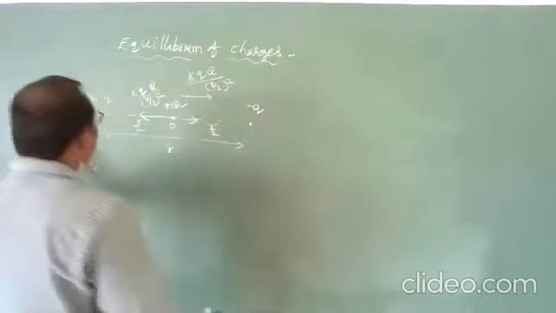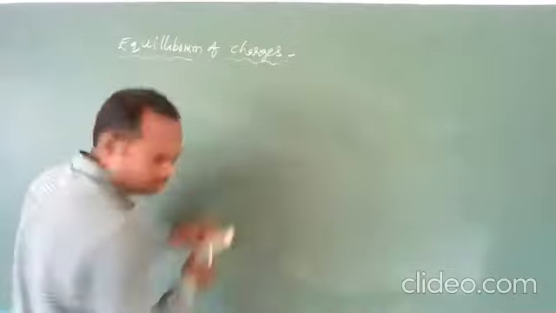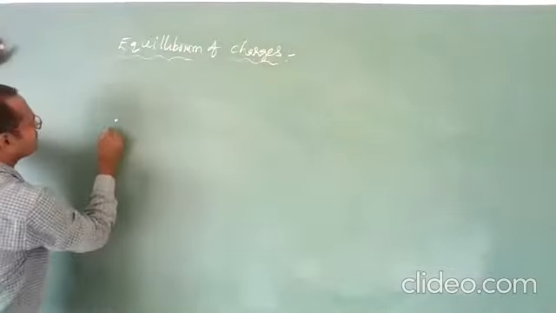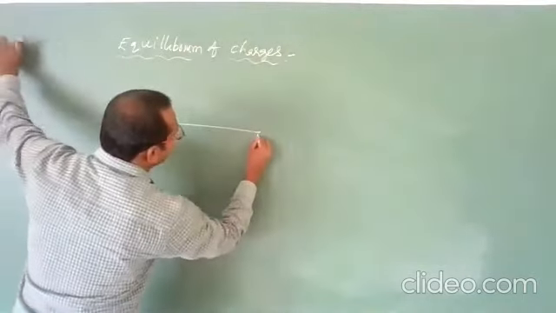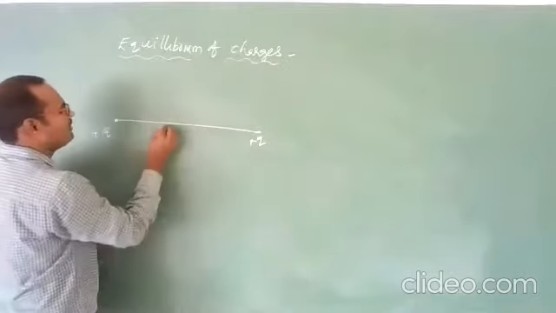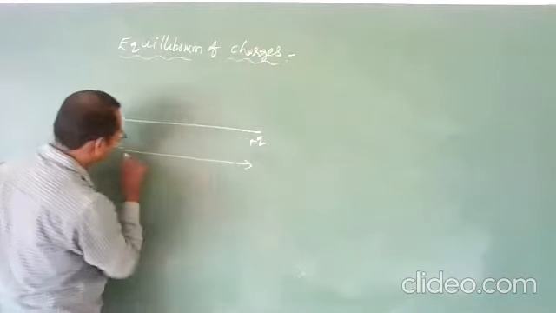Or else you can find it like this. One more technique I'll give you. Here is a small q charge and this is also again a small q charge. Both are positive charges. The distance between these two is, let us suppose, r.